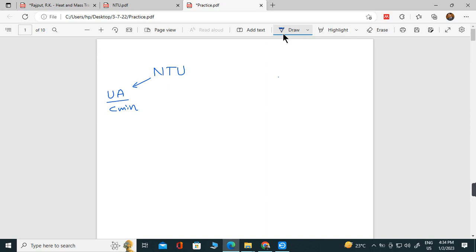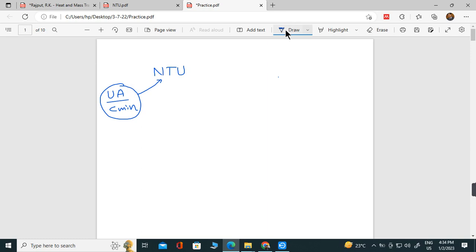A means area of heat transfer, the area from which heat is being transferred, and C means, as we have discussed, out of CH and CC, the C min. So on the basis of that you will have to find out NTU. This is our first step.